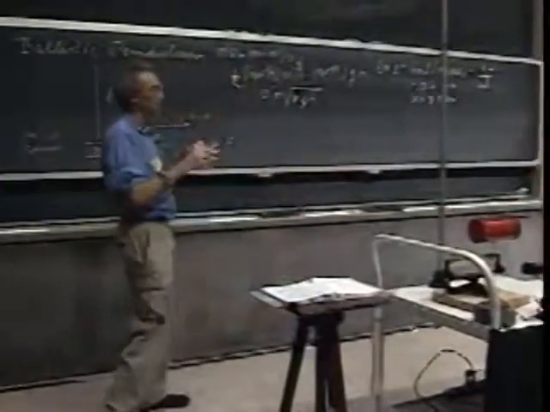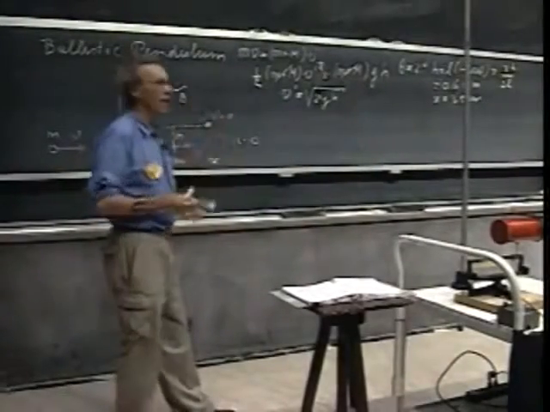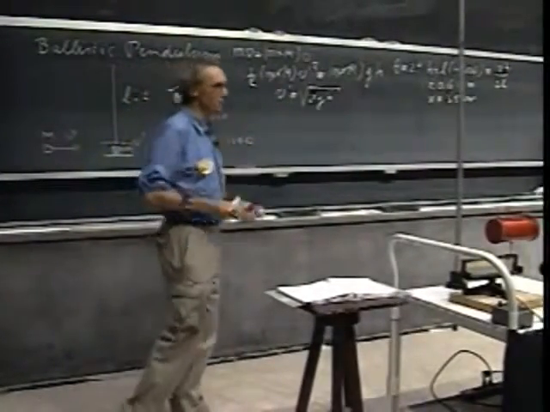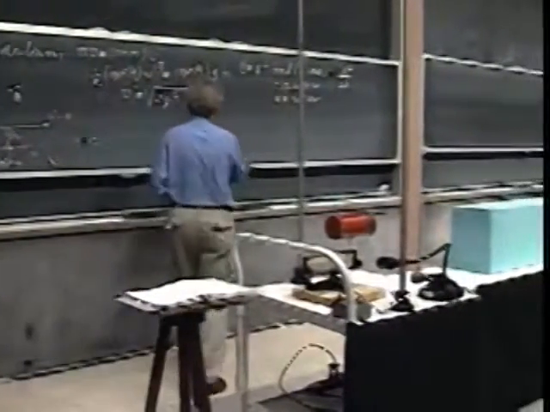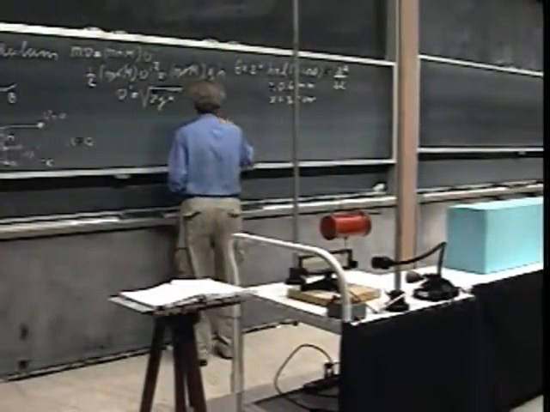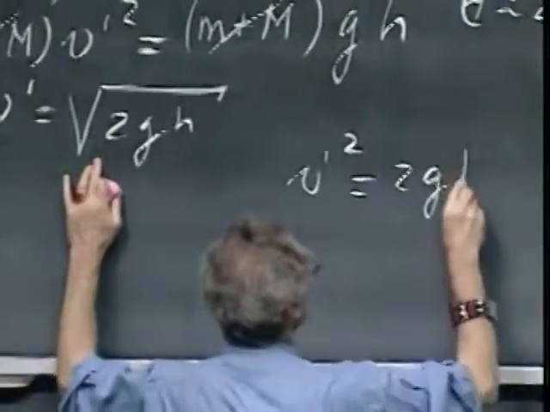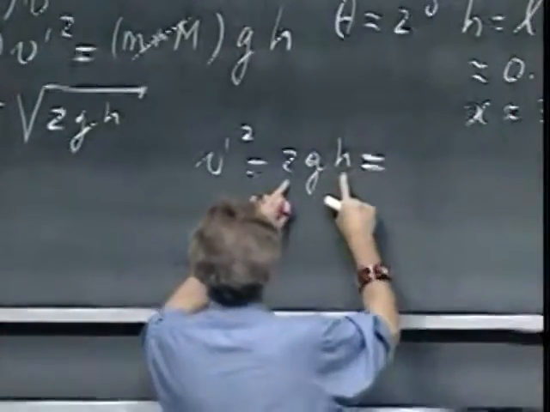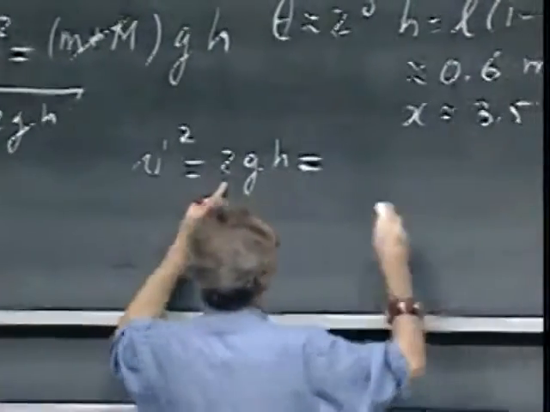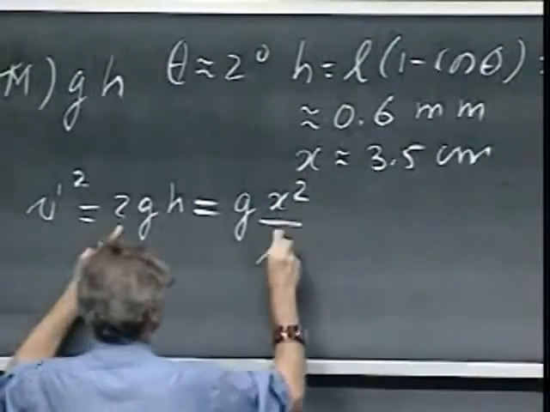You take the expansion of the cosine theta, the Taylor series, and you cut it off somewhere, and this is not so difficult to prove. In other words, v prime squared, which is 2gh, can now be replaced by approximately 2g times x squared divided by 2L, which is g times x squared divided by L.